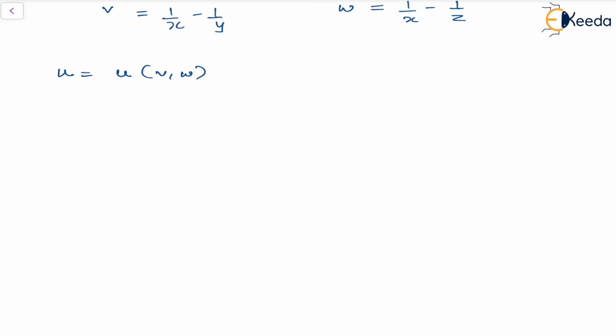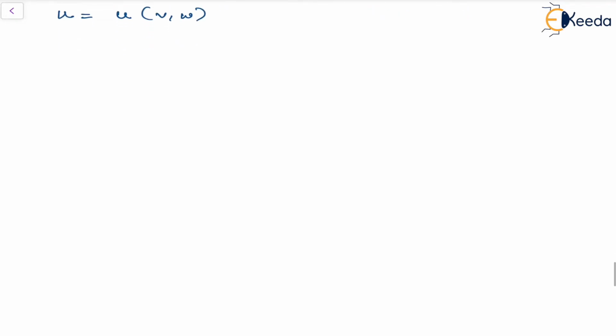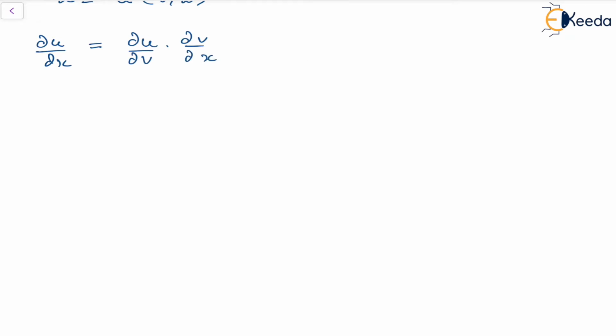So u has variables v and w, where v and w both depend on either x, y or x, z. Now finding the first order derivative dou u by dou x, this will become dou u by dou v times dou v by dou x plus dou u by dou w times dou w by dou x, and this comes from chain rule.